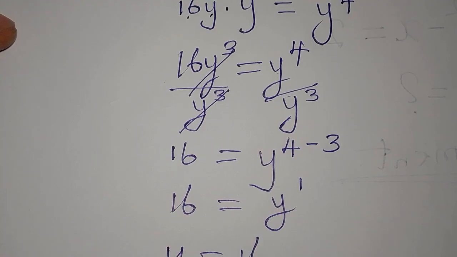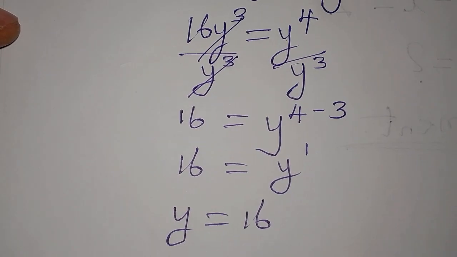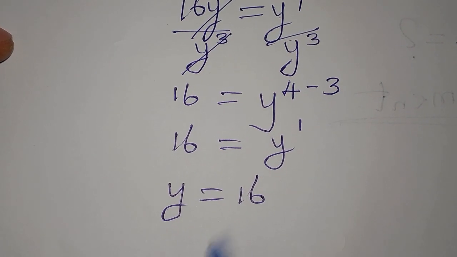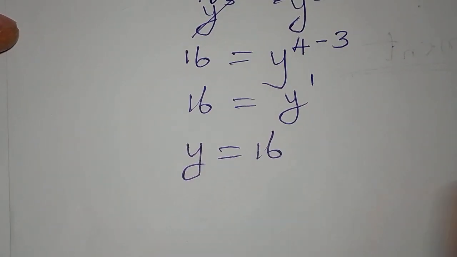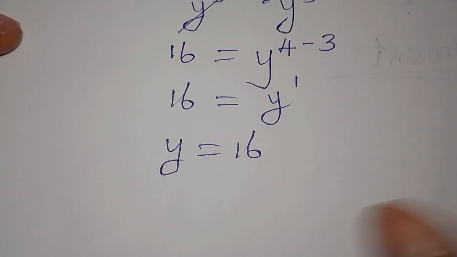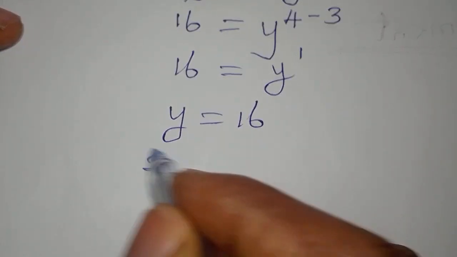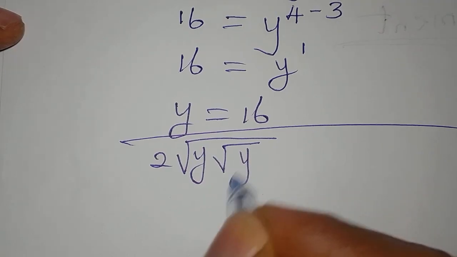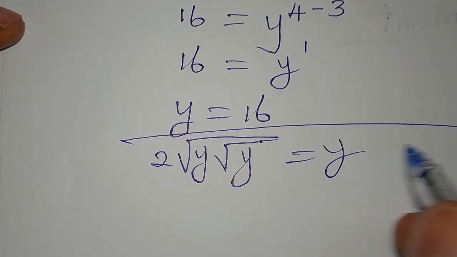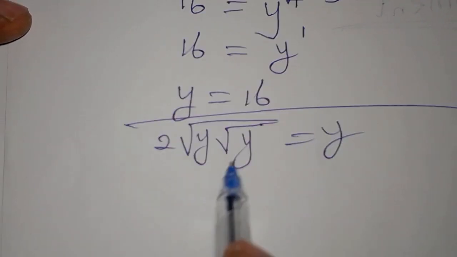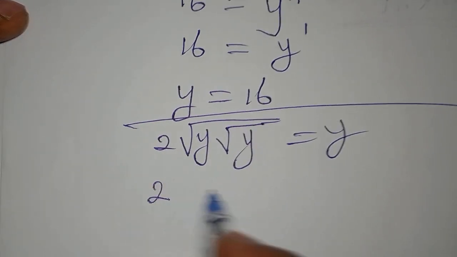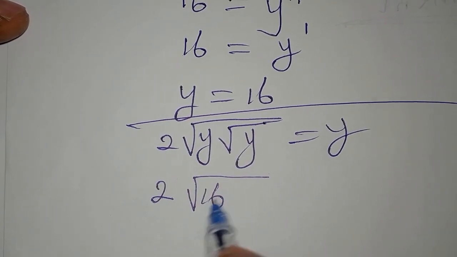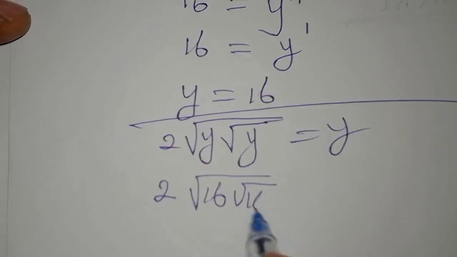But like we always do, we try to verify our work. So we're going to verify this particular equation. The equation is 2 square root of y square root of y equals y, right? So let me put 2 here. Then we have square root of 16 square root of what? 16.